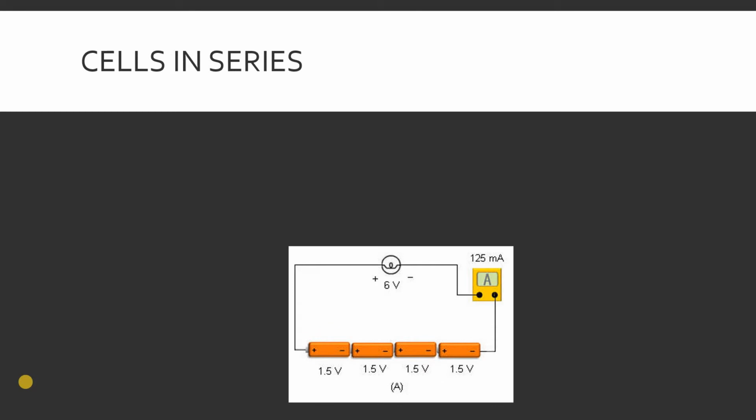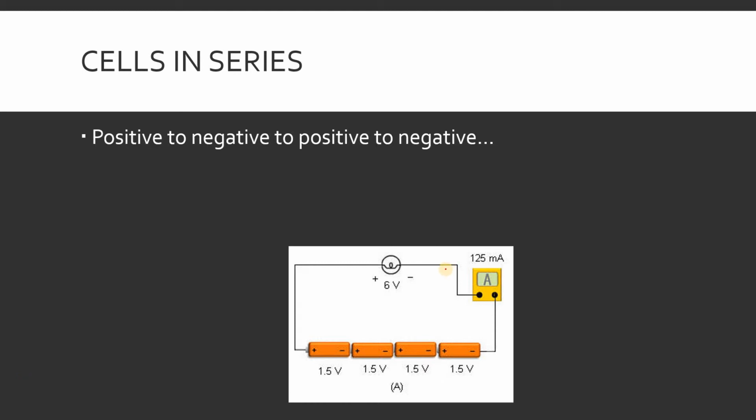All right, there's two ways to arrange your batteries or your electrochemical cells when you set them up to be used. The first way is in series, and so what you simply do is you set them up positive to negative, positive to negative, positive to negative. So you'll notice here at the bottom I'm simply taking my batteries, I'm taking the negative side, I'm attaching it to a conductor, and I'm connecting all the positives to a negative, positive to a negative, positive to a negative.